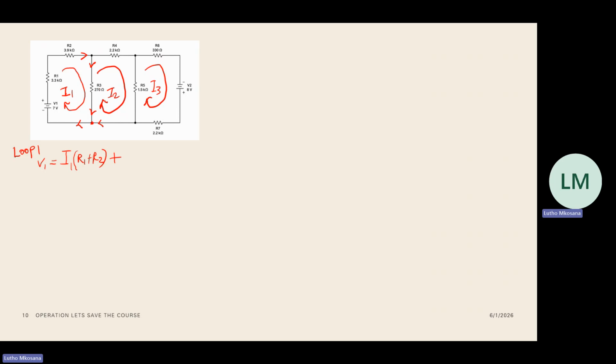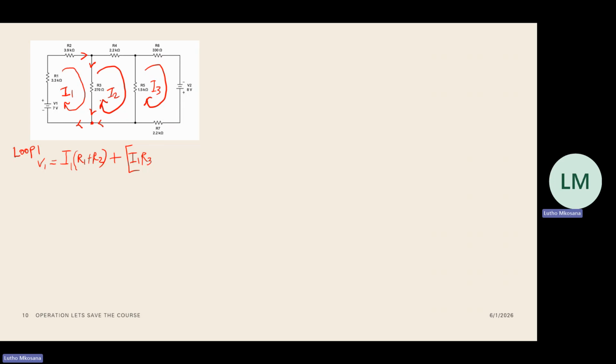So the voltage across this resistor R3 is going to be calculated. I'm going to create a bigger bracket for it. That voltage across there is your I1, because I1 is affecting that resistor, I1 multiplied by R3.